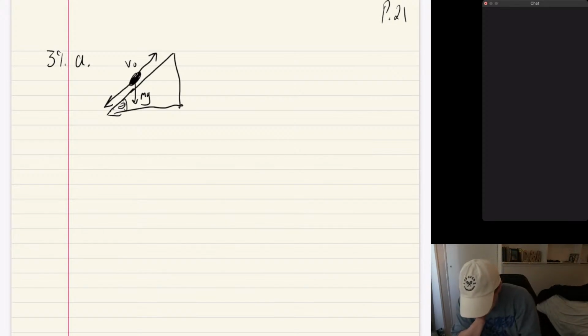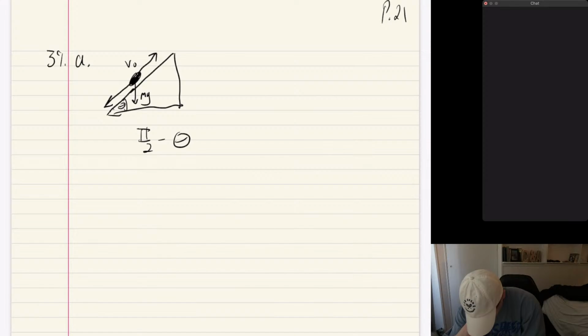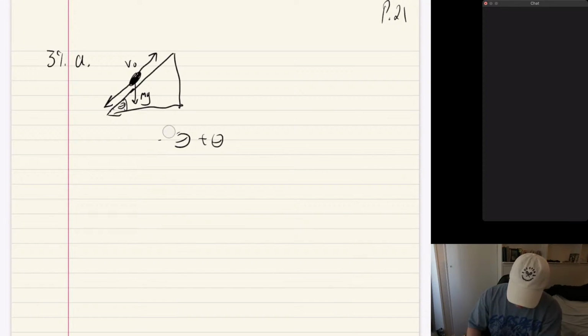So what is that angle? Isn't it just pi over 2 minus theta? Because if you add up, so okay, let's just add up all the angles.